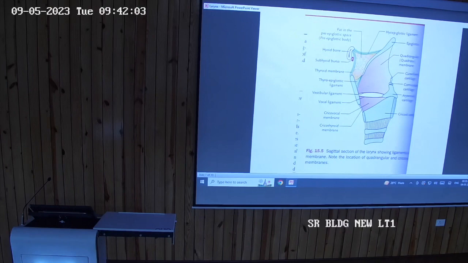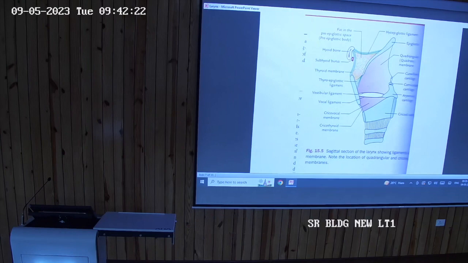These membranes are important because the lower border of the quadrate membrane forms the vestibular ligament, and the upper border of the cricovocal membrane forms the vocal ligaments. So let's see the attachment of the two membranes.